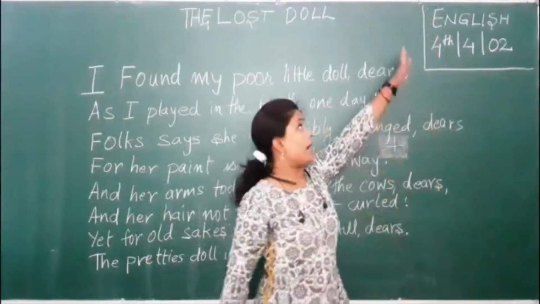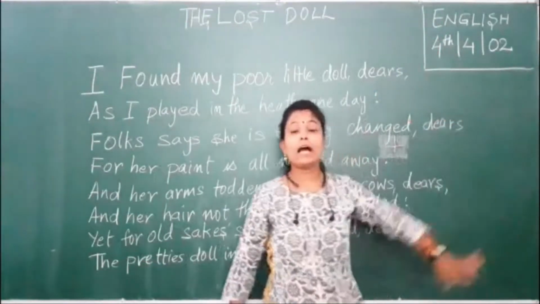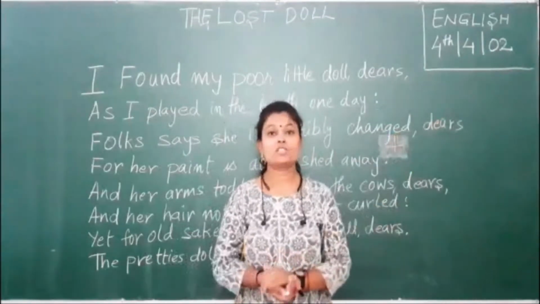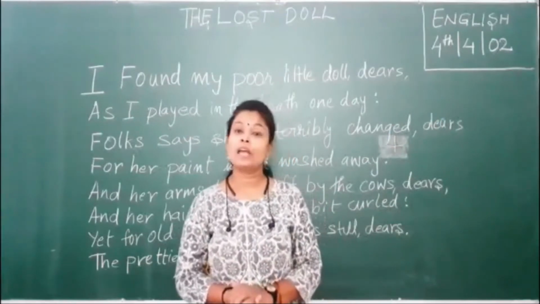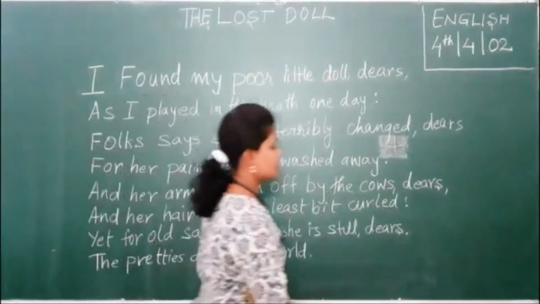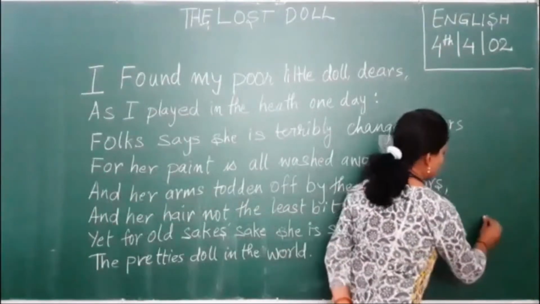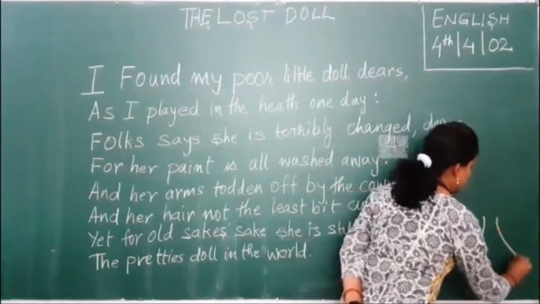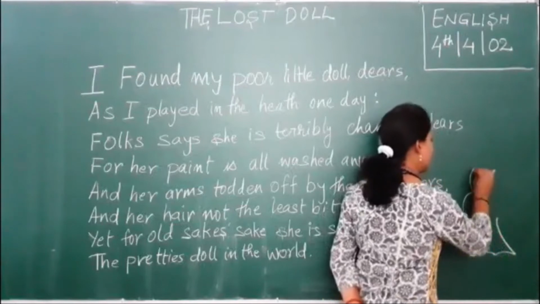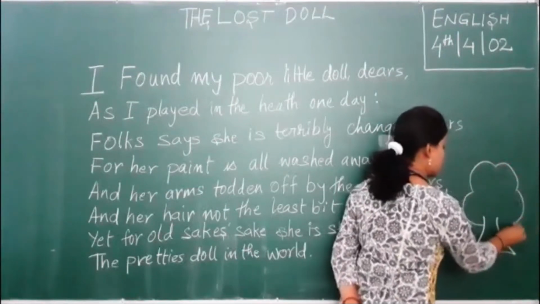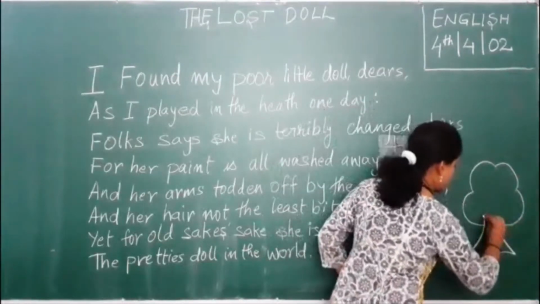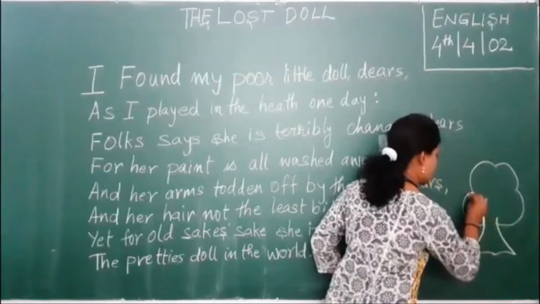Do you know why I have made this border? I made this border just so it looks smart. Have you seen any drawing? Let me show you something. Suppose here is a tree. If you want to highlight it or make a border, let's see how to make a border.